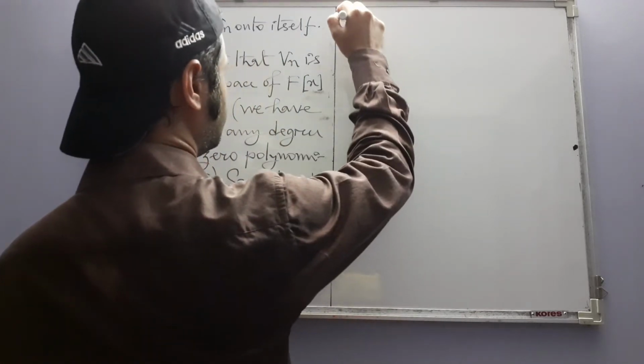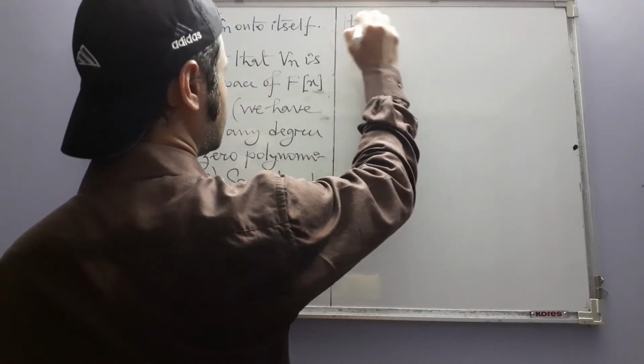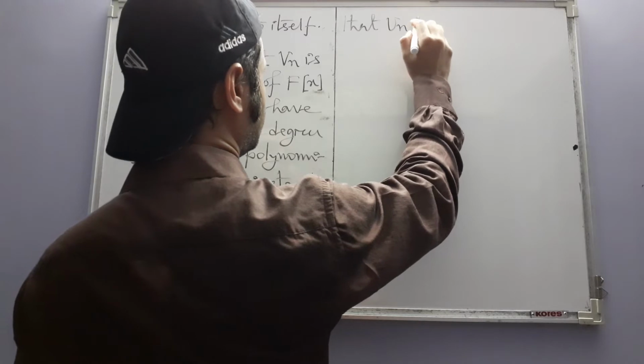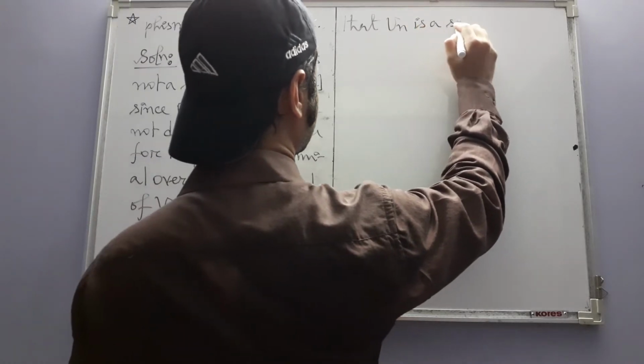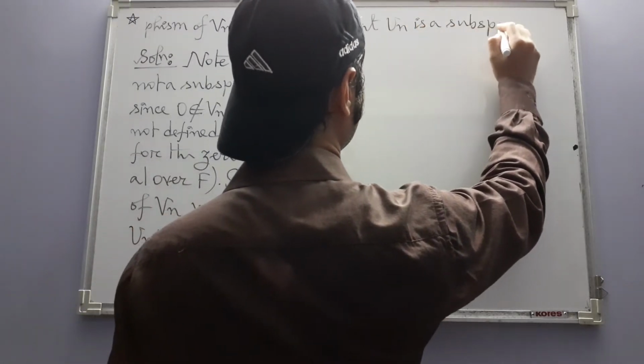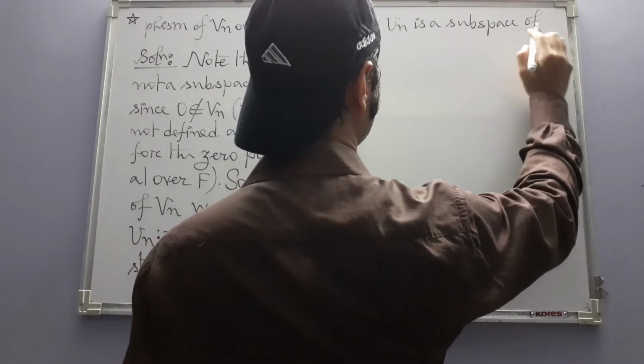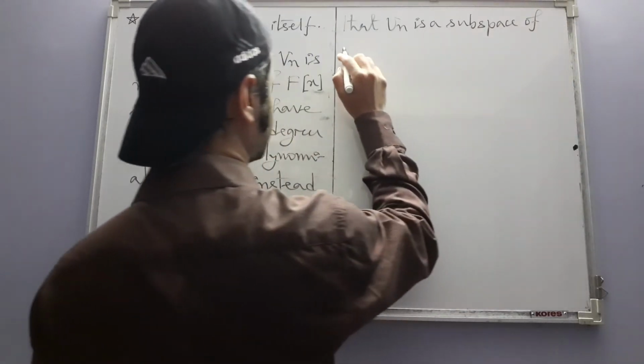Straightforward to show that Un is a subspace of F[x].